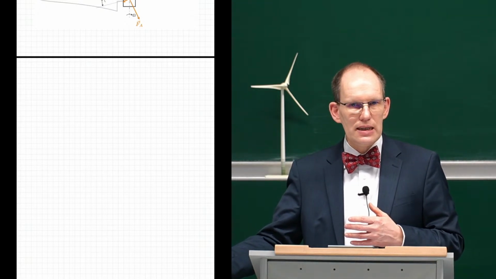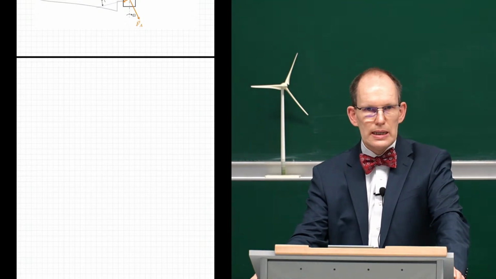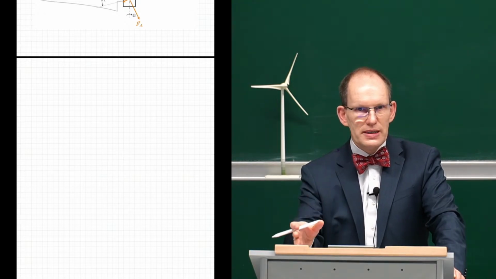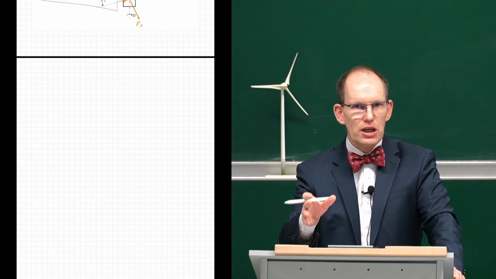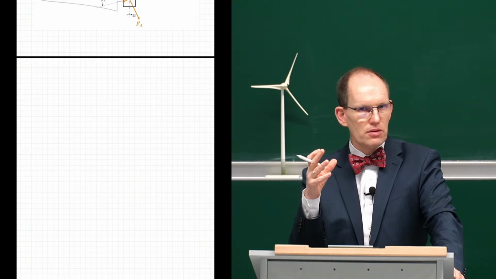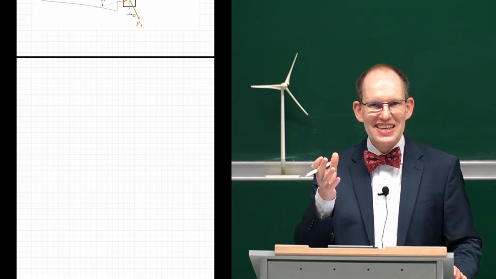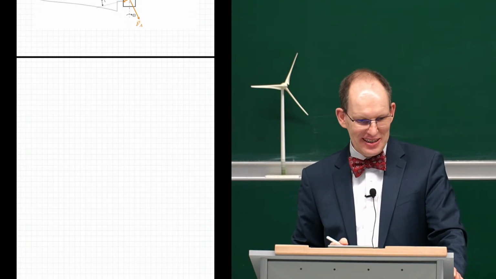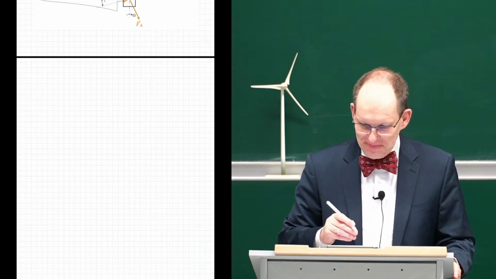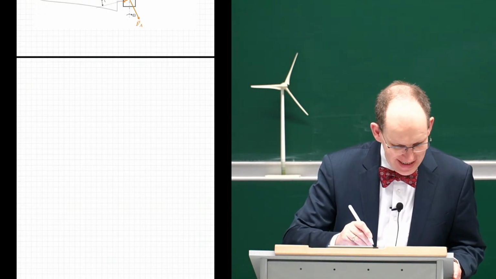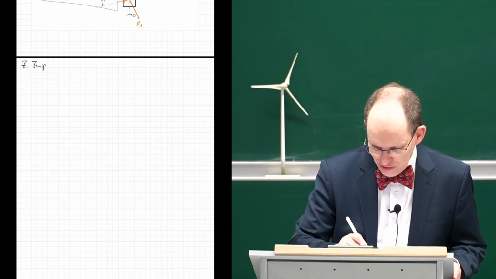And the nice thing is that it will actually be possible to put numbers there, so to really say by how much it will be reduced for realistic qualities of the blades. Okay, let's start with this and write a headline: 7, impact of losses.